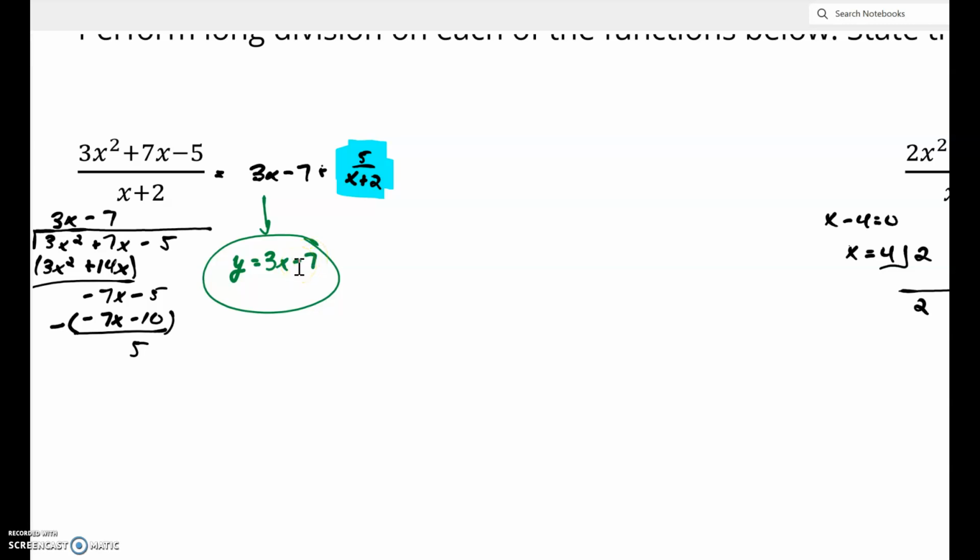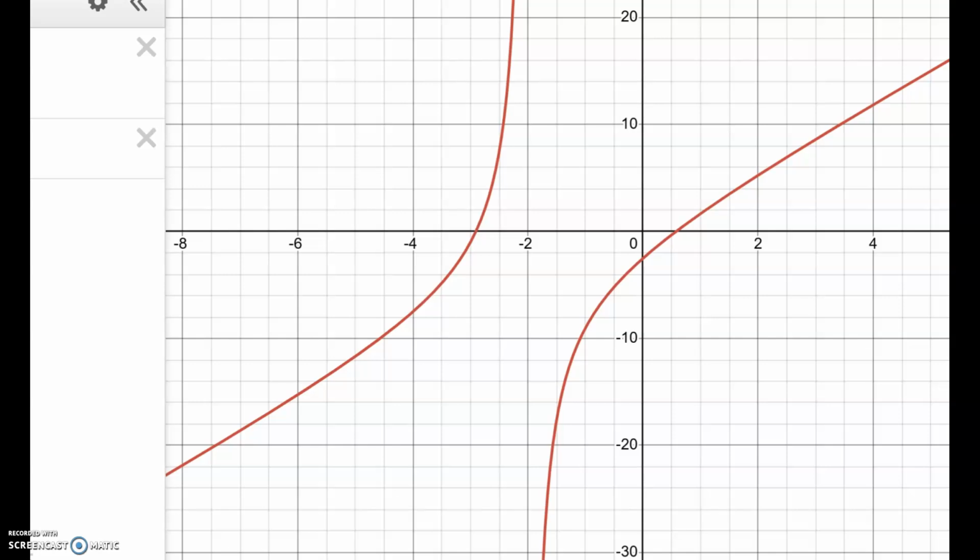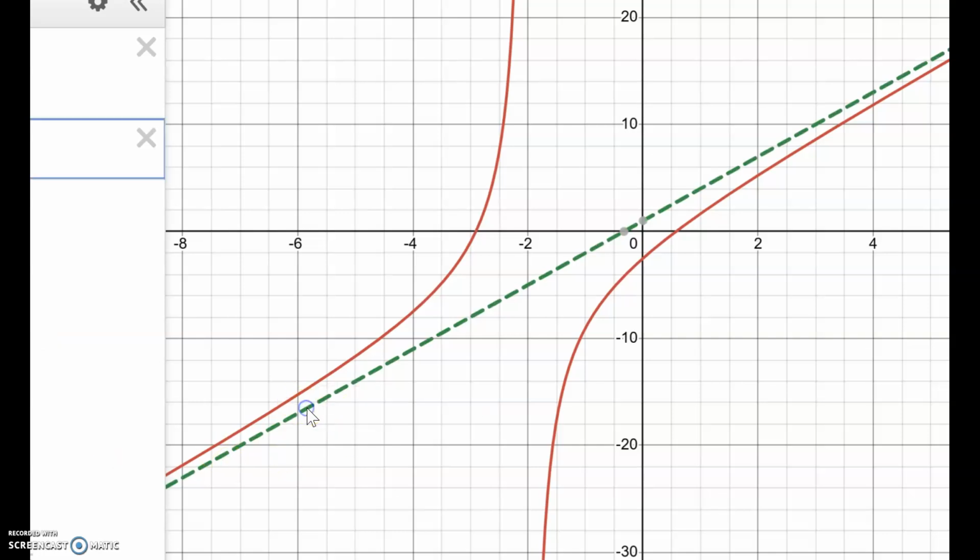It's a linear function, right? It's a line. It has a y-intercept of 1, and it has a slope of 3, so a positive 3 slope. When I go to Desmos, if I type that equation in, y equals 3x plus 1, and then I graph that line, and I made it a different color and made it dotted, notice how that line is now my non-vertical asymptote.